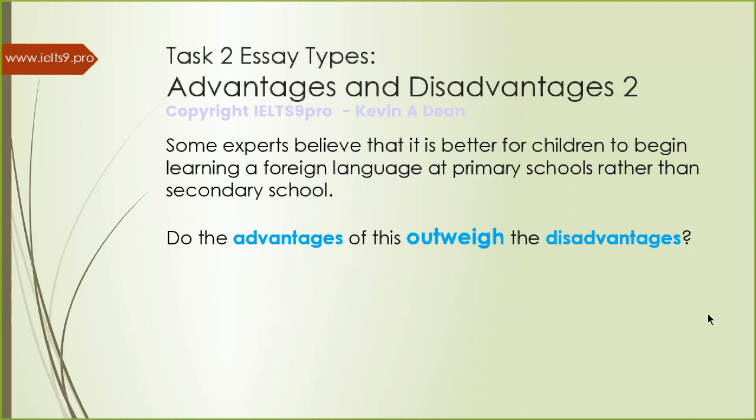Again, it'll give you a statement and it'll say, do the advantages outweigh the disadvantages? Is this a stronger side? And you have to say, yes, this side is stronger, and then give 2 reasons why that side is stronger versus 1 reason why it is weaker.